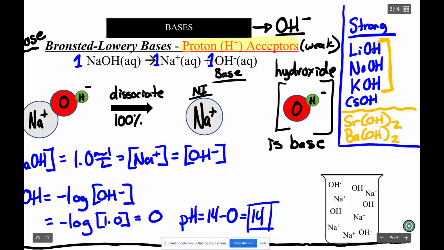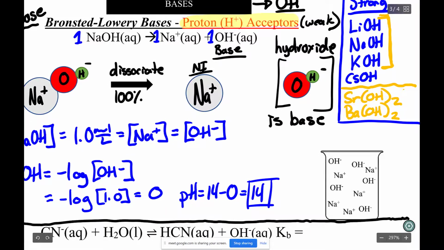And if you're wondering why it is not necessarily in this course, the answer is, based on our solubility table, strontium hydroxide and barium hydroxide are low solubility, based on the parameters of that solubility table, which is 0.1 moles dissolving in 1 liter of water. Realistically, they are very close to that, and they do dissociate almost 100% in water and are often considered a strong diprotic base.